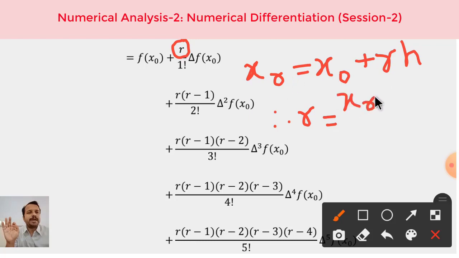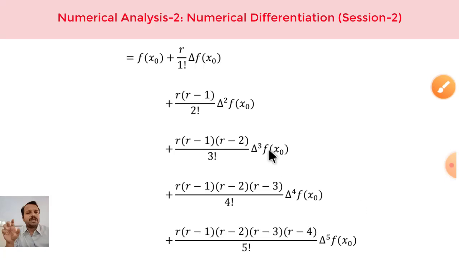It is the point at which we intend to find the derivative, that is xr, minus the initial value of x, that is x0, divided by the step size h. Step size is nothing but the difference between two consecutive values of x. So if we use these, we can get the value of r.